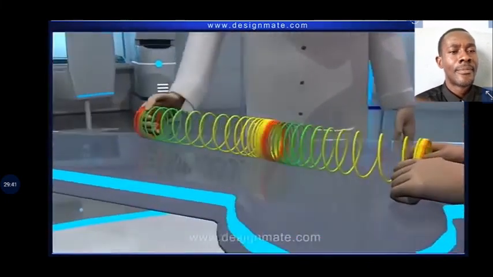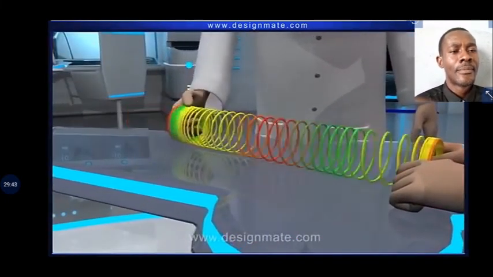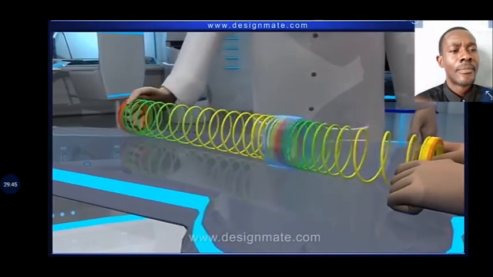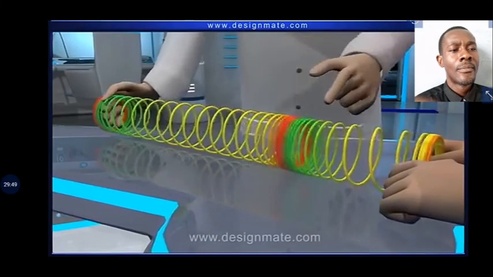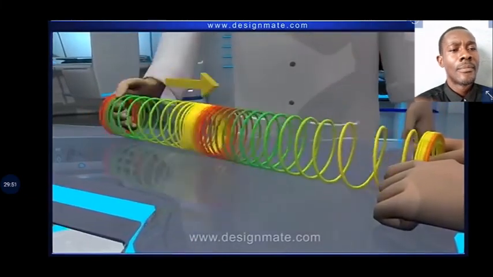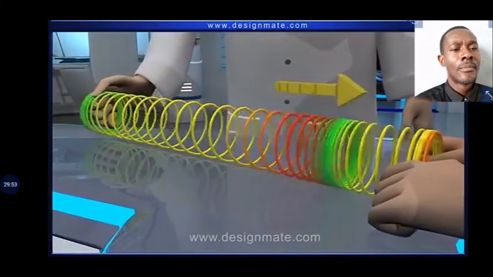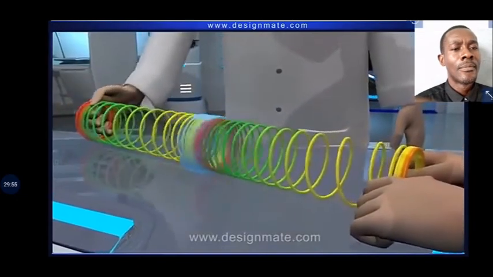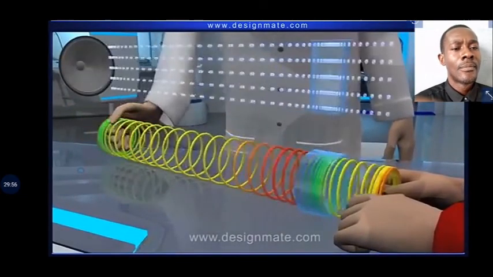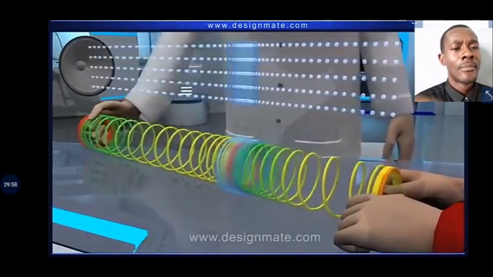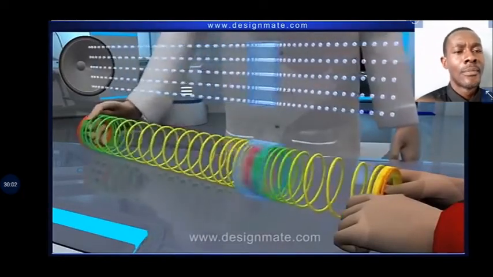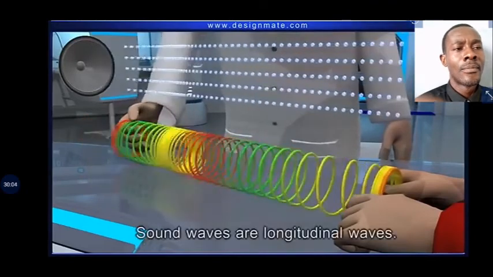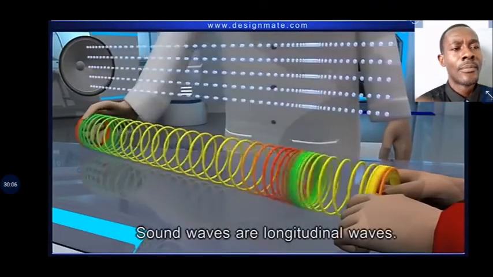Watch closely, and you will notice that some of the coils crowd close together, and then slowly move farther apart. This is because the vibrations are parallel to the direction of the wave. If the wave moves from right to left, then the particles also vibrate from right to left. This is a longitudinal wave. Sound waves are longitudinal waves.